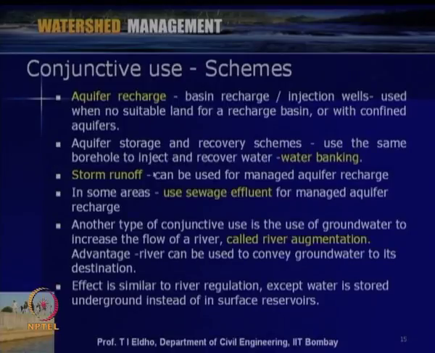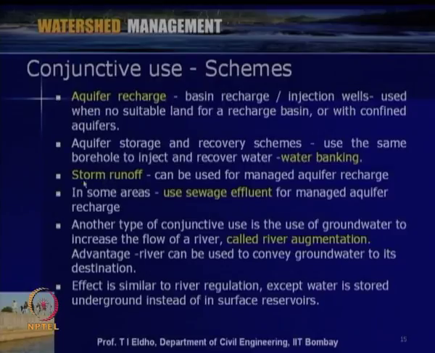So whether we can use the same boreholes to inject and recover water. We can use a term called water banking. So through the same well, when surplus water is available, we inject it into the aquifer system, and then when scarcity is there during the summer season, we can pump back the water from that aquifer system through the same borehole. So that is so-called water banking.